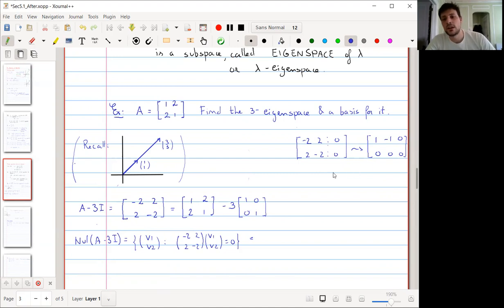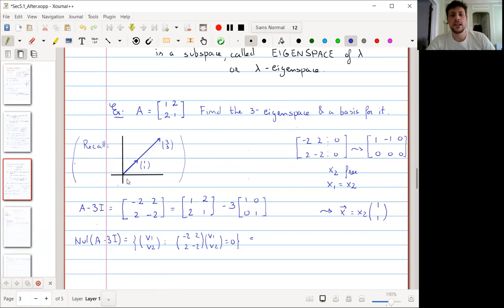In other words, solutions to this system have x2 free and x1 is equal to x2. So when I write this solution as a vector, this vector becomes x2 times the coefficients 1, 1.